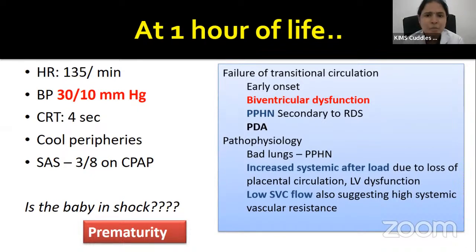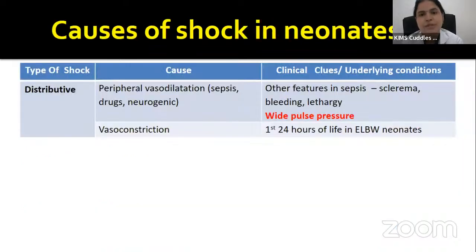And we must also remember that preterm newborns with a less compliant myocardium can also have some degree of left ventricular diastolic dysfunction. These manifest with low SVC flow or low cardiac output and are also suggestive of high systemic vascular resistance.